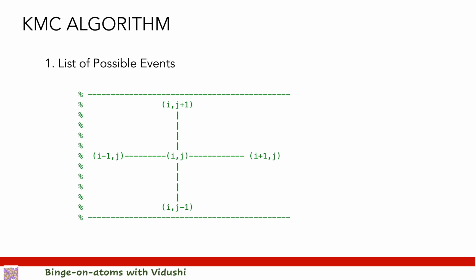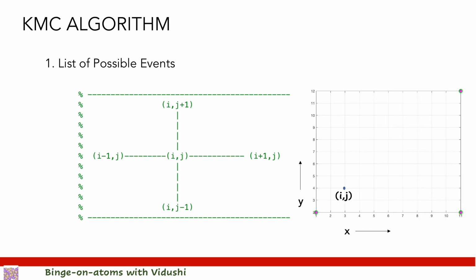The left and right neighbors of point i, j are denoted by i minus 1, j and i plus 1, j. Top and bottom are denoted by i, j plus 1 and i, j minus 1. Remember, this is a 2D matrix, so i and j are more like x and y for the system.